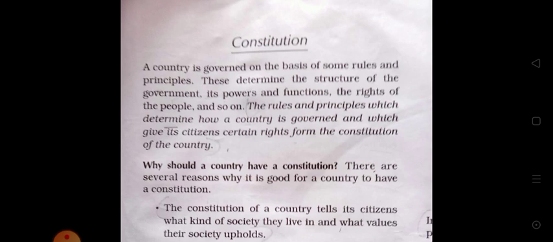We know that a country is governed on the basis of some rules and principles.